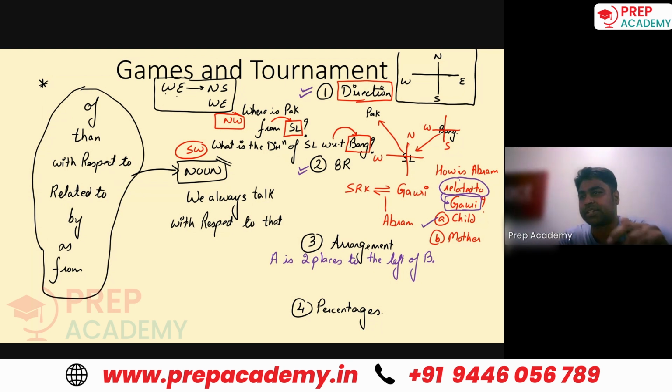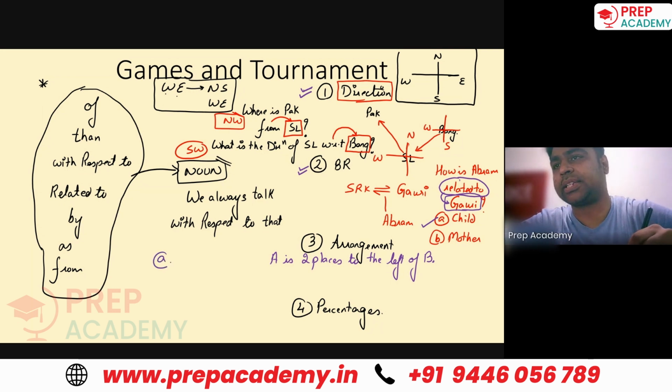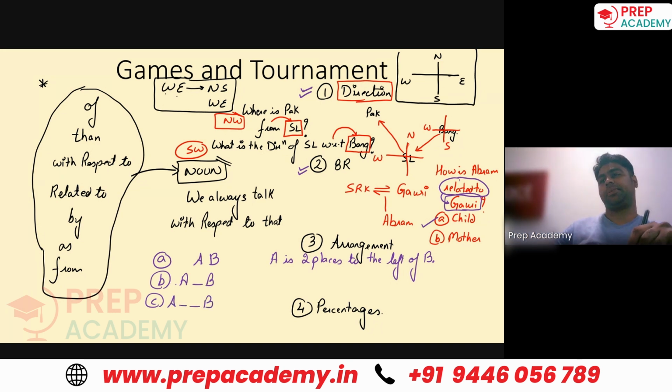A is two places to the left of B. And I say these are the options. This is the position of A and B. This is the position of A and B. This is the position of A and B. So what would your answer be? So option B.